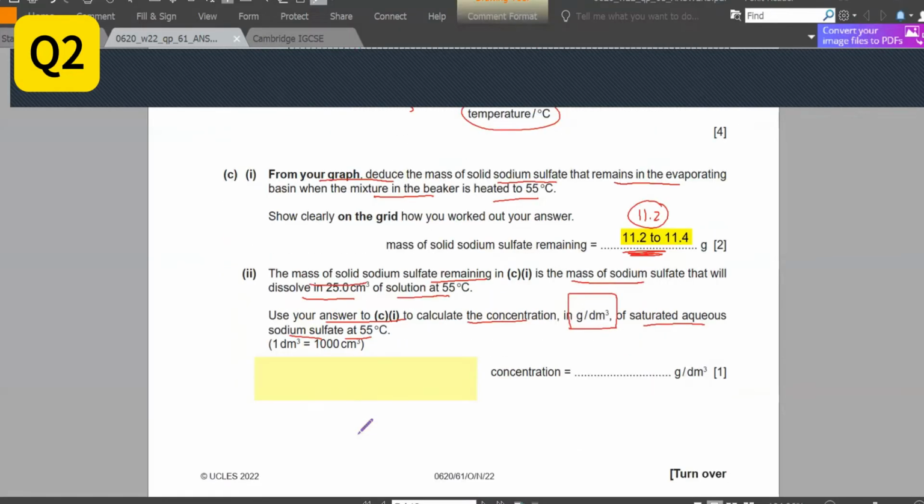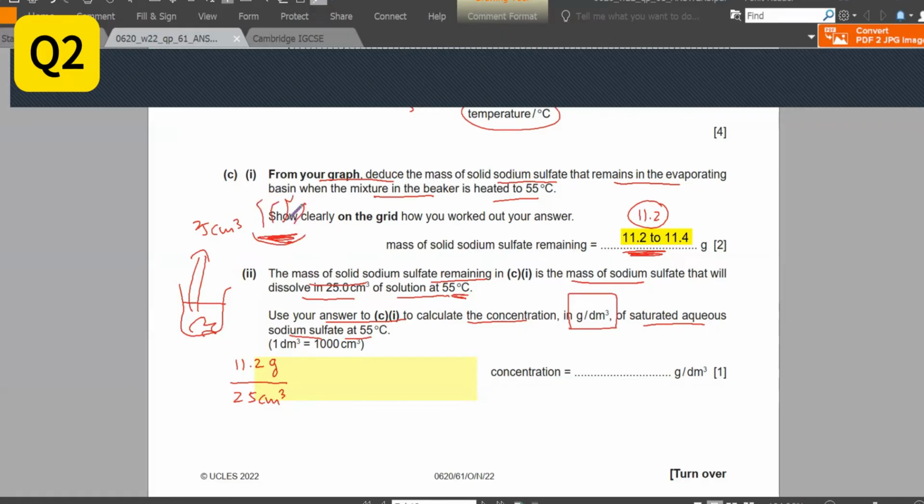So just now we found out at 55 degrees, we have 11.2 grams dissolved in 25 cm cube of the solution. Because at first we dissolve in excess of the water, and then we pipette out 25 cm cube to put into the evaporating dish, and then we evaporate the water.